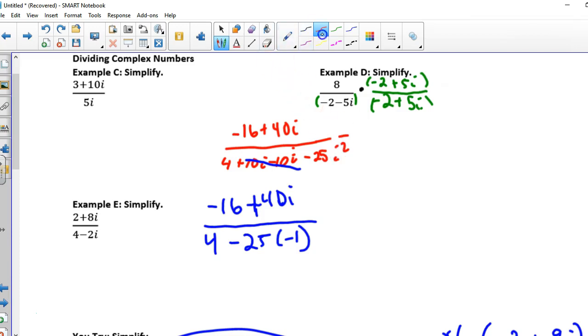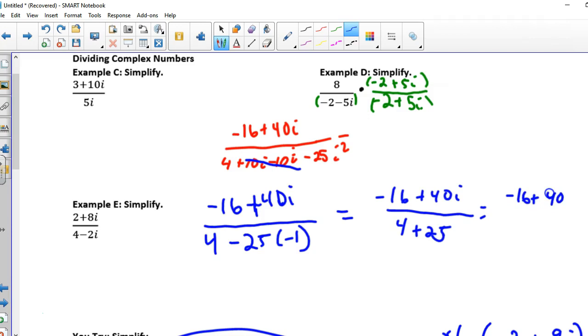Now, if we simplify this further, -25 times -1 is actually positive 25. So I have -16 plus 40i all over 4 plus 25. And now when you add that up, -16 plus 40i all over 29. And this, guys, is going to be our final answer.